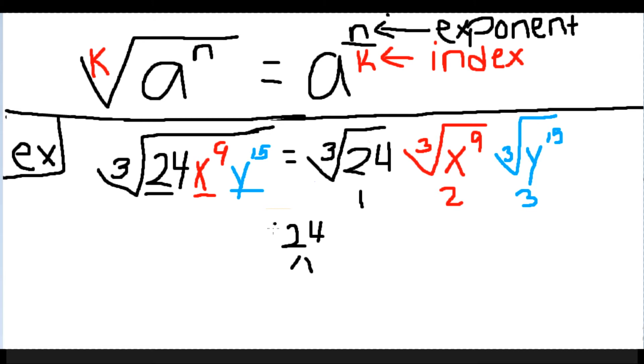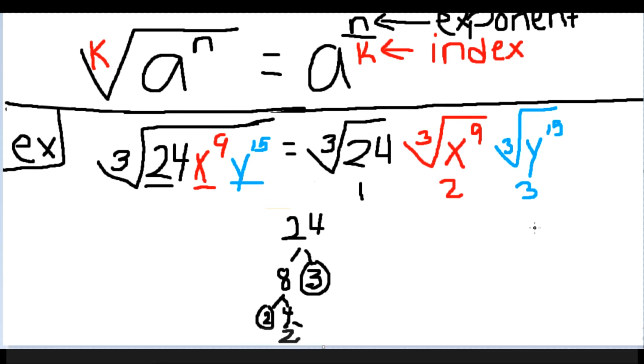My index tells me how many copies to look for. So 24, that's 8 times 3, and any 2 factors will work. 3 is prime, but 8 is not, so I need to keep going. That's 2 times 4. Okay, 2 is prime, but 4 is not, but 4 is equal to 2 times 2.